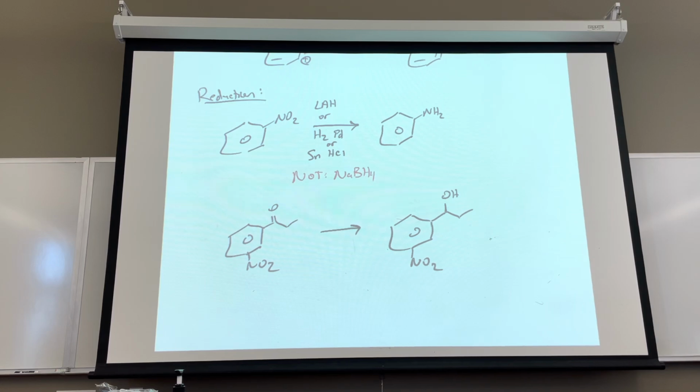And so when you have 2 different groups, like the ketone and the nitro group, one of which you want to keep, one of which you want to reduce, you have to be selective about what conditions you use. So in a case like this, our best bet would probably be to use borohydride, because we know it can reduce aldehydes and ketones, but as we just discussed, it cannot reduce aromatic nitro groups.